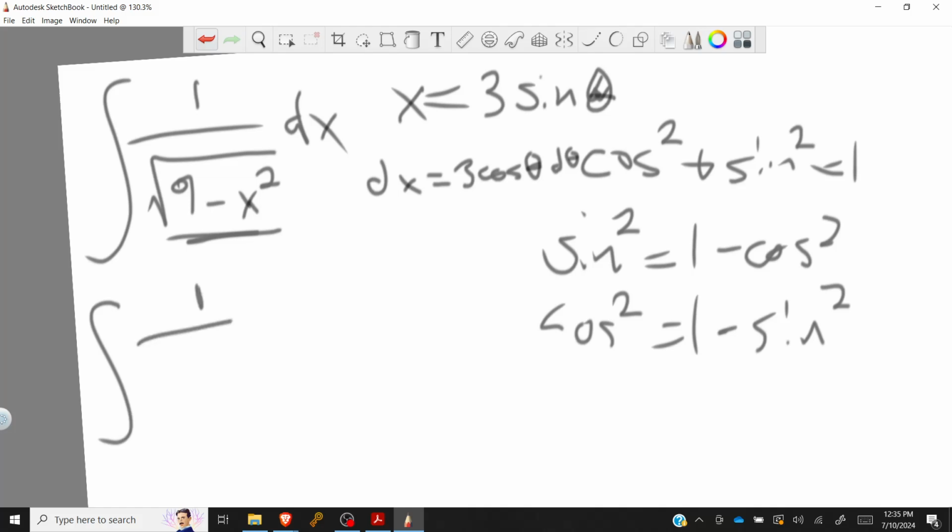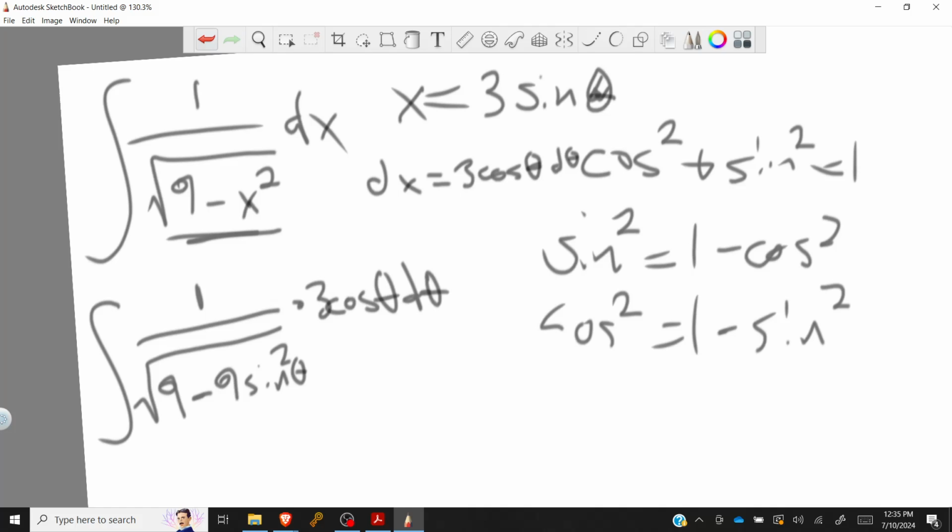So plugging this into the equation, we're going to get 9 minus 9 sine squared theta times 3 cosine theta d theta.